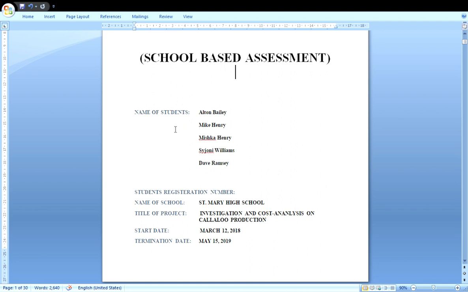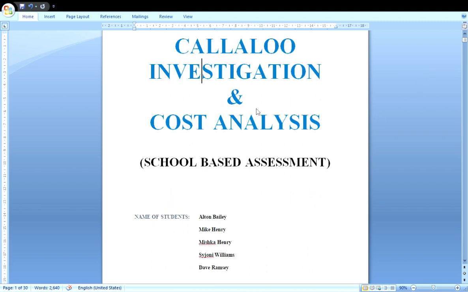All of this should be on the cover sheet of your SBA, and it is required by CXC. The spacing should be double spacing, so the sentences in your SBAs should be double spaced. For this heading there is no specific requirement for the font size, so we use 48 here.